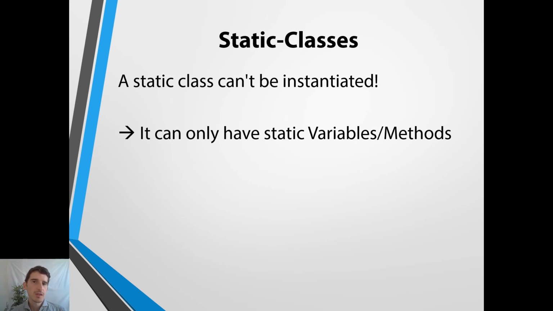Usually that's just methods which help you, for example, some mathematical functions. You wouldn't need to instantiate this math class, but you can just use, I don't know, math.calculateShortestDistance or something, and that way you can use it. So it's very convenient that you don't need to instantiate this class first, if you just need a method that's very generic. That's everything there is to know about static classes.